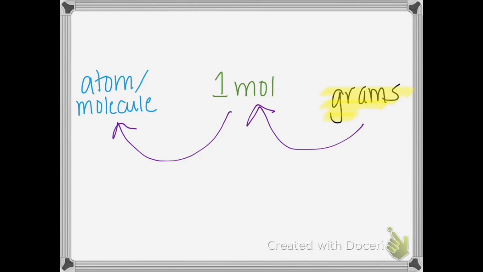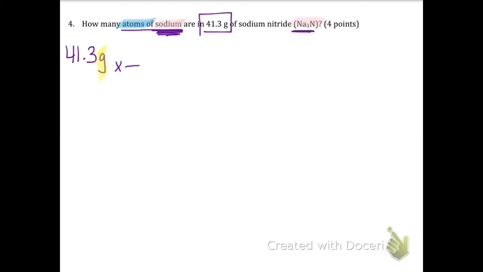So here we have 2 steps. So I'm going to draw 1, 2. Okay, so here grams is on top, so it needs to come to the bottom. So grams.